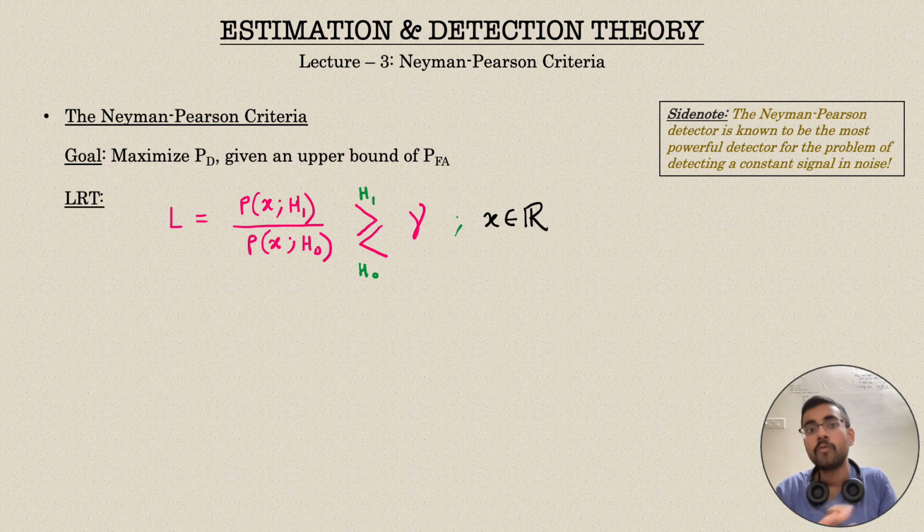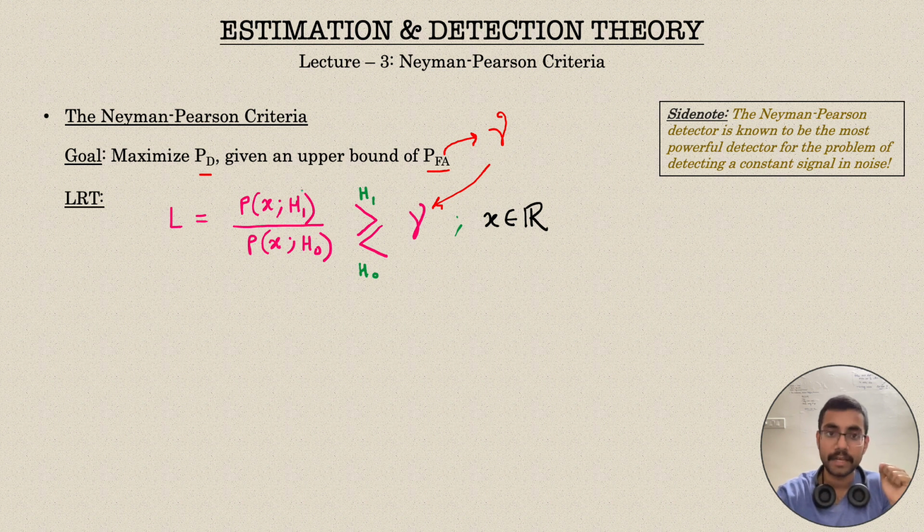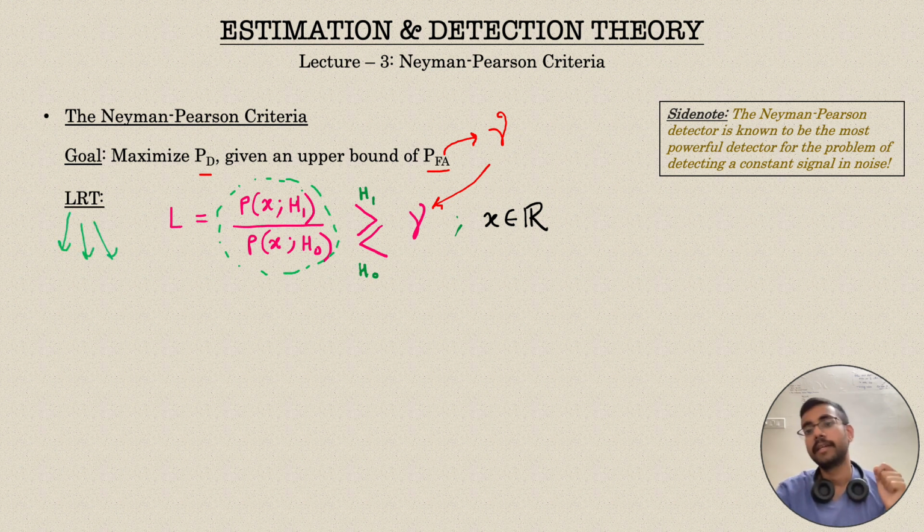Now, to summarize the Neyman-Pearson criteria, our goal was to maximize the detection probability, and we had an upper bound of P of FA. This upper bound of P of FA actually gave us the value of the threshold that we'll be dealing with. For this value of threshold, we have set up this LRT, likelihood ratio test, given hypothesis H1 and given hypothesis H0.